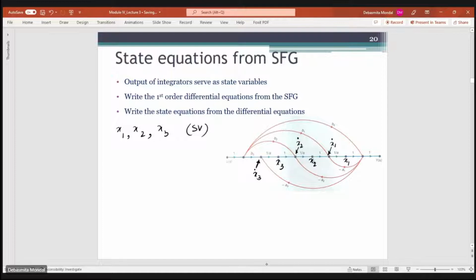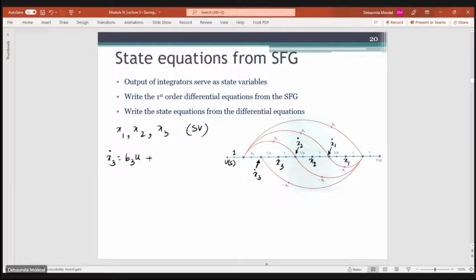Let's start with x3 dot. So x3 dot will be equal to b3 multiplied by u, because u is getting multiplied by 1. Remember that since I'm writing it as a differential equation, I will no longer have the s term; I will express these in the time domain.